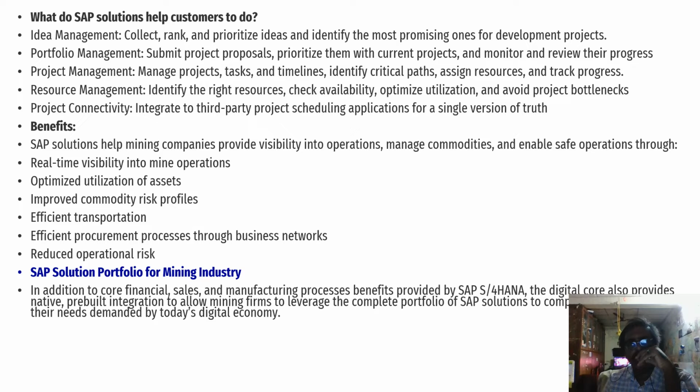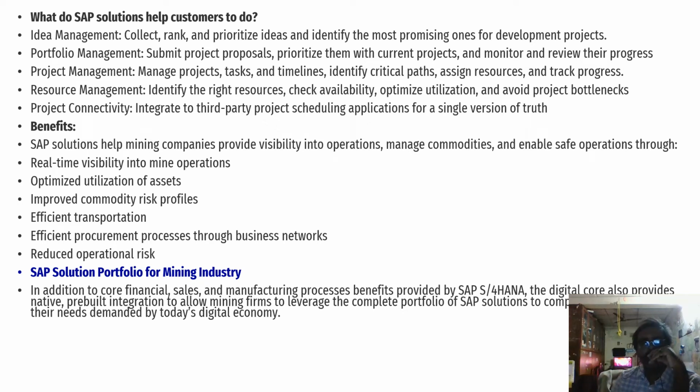In the sense, we have to think of five management areas. The idea management and portfolio management: whatever you are thinking of as an idea, we need to formulate, and for that we need to maintain a portfolio. That comes under portfolio management. Then we need to execute it using the project board or project management team.